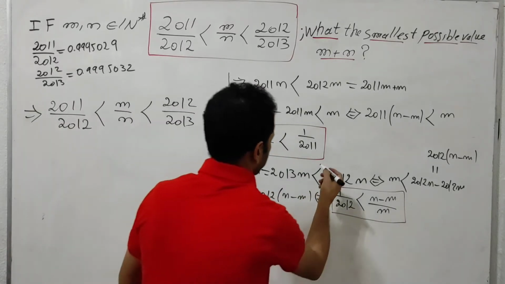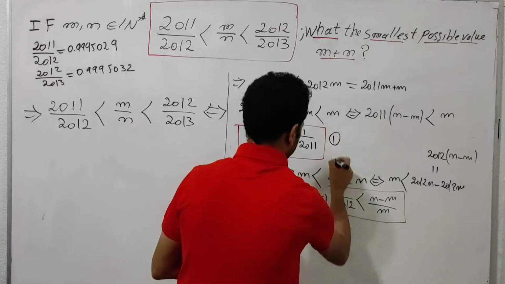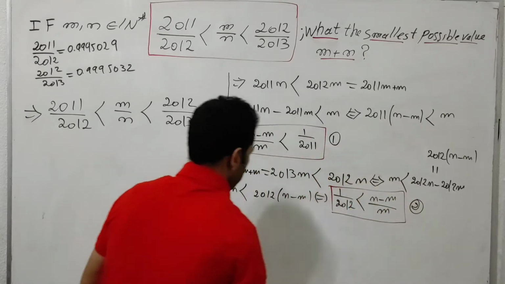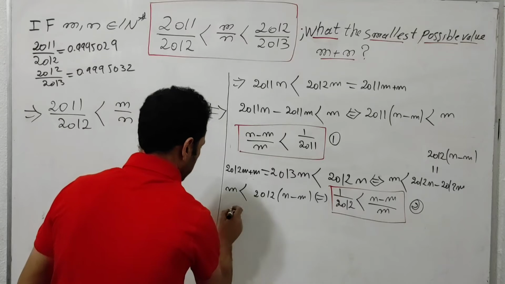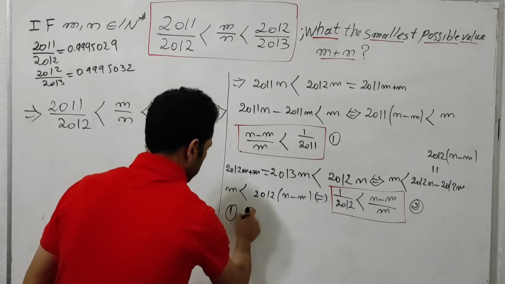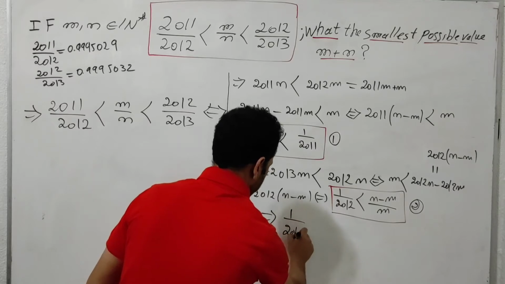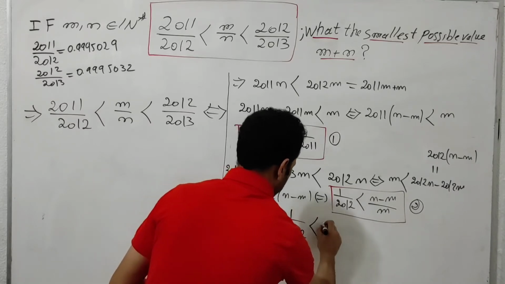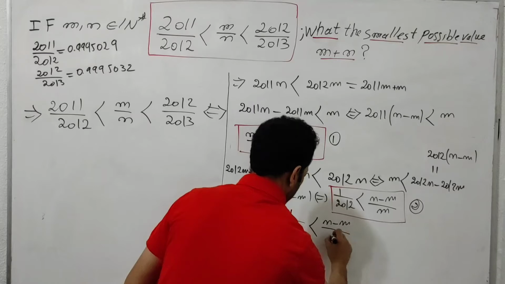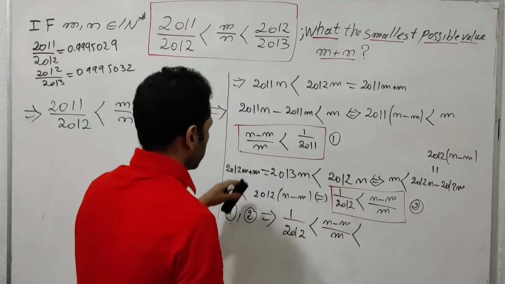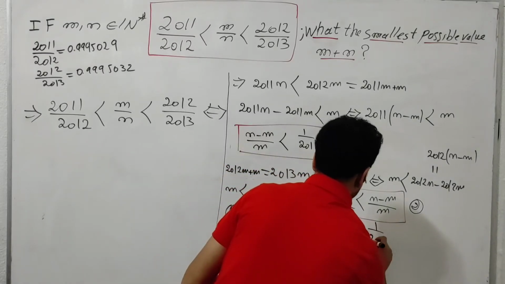Let's call these equation number 1 and equation number 2. From 1 and 2, we have 1 over 2012 strictly inferior to n minus m over m, which is strictly inferior to 1 over 2011.